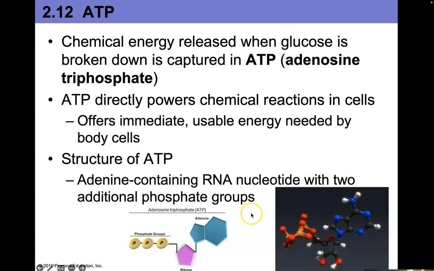It's important to understand, again, that it is an adenine nitrogenous base attached to a ribose sugar. So that's the RNA nucleotide with, again, a phosphate group and then 2 additional phosphate groups. So that's why it's called adenosine triphosphate, 1, 2, 3. And it's these phosphate groups that are the high energy bonds, right?